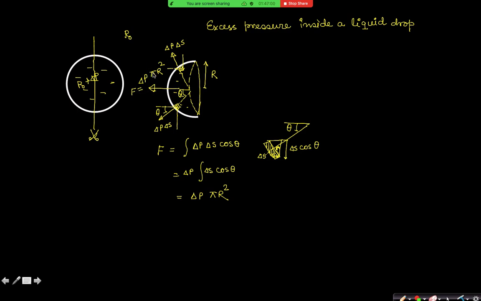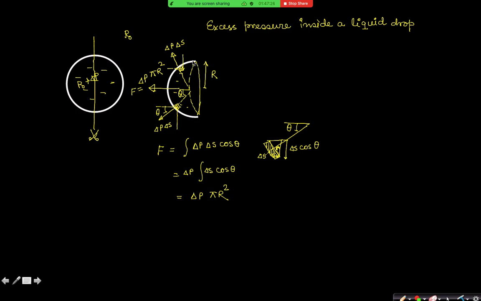Now what is that extra force? Can you tell me? Surface tension force. Yes. You can see that it was a stretched membrane. Suppose this hemispherical area, you assume that it was initially flat. Now due to this force, that area became a hemisphere.